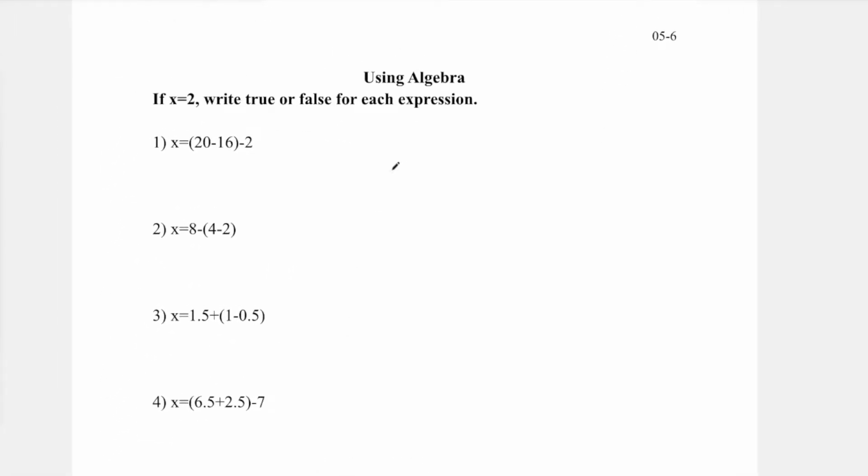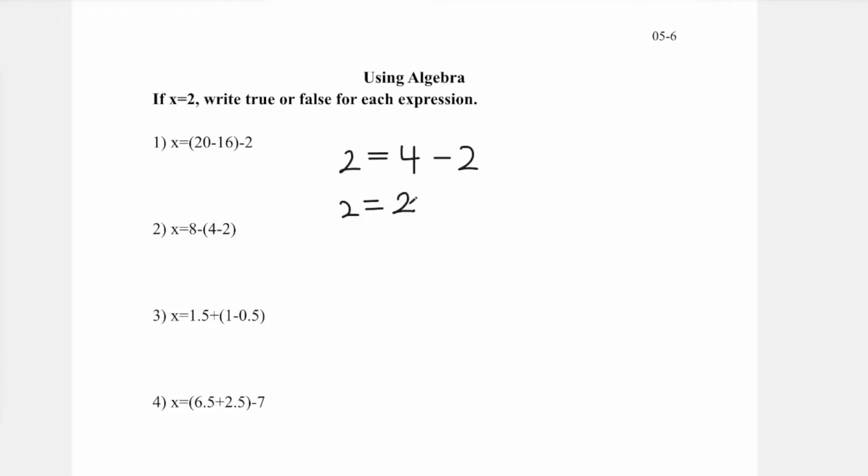Using algebra. For this section, you have to substitute x with 2 and then state whether the expression is true or false. So 2 equals, number 1 says 20 minus 16, which is 4 minus 2. And 4 minus 2 is 2.